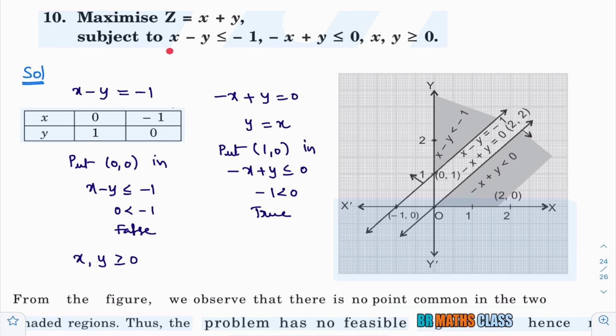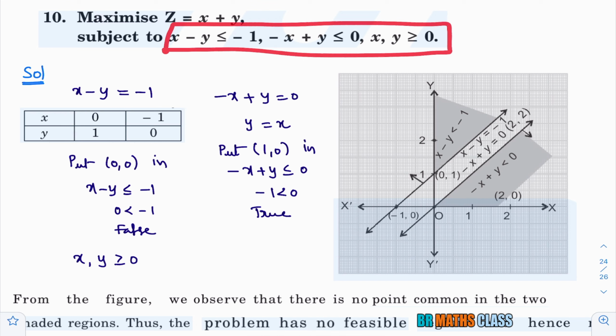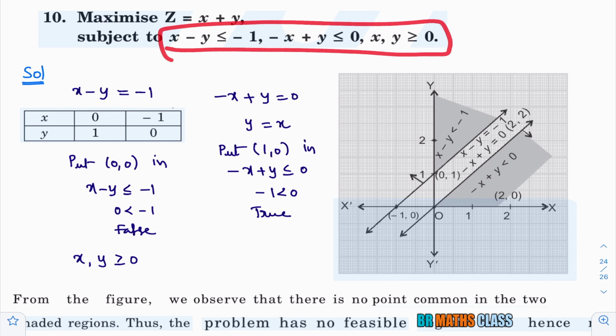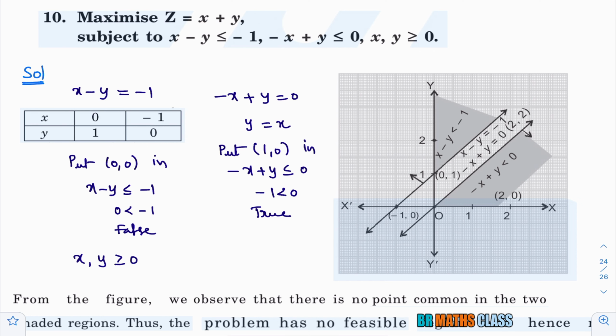Now observe the feasible region. If I take the combination of this and this, that is the solution. If I take the combination of this and this, that is the solution. What is the solution satisfying all the inequalities? There is no common region satisfying all the inequalities. That means there is no feasible region for this problem.